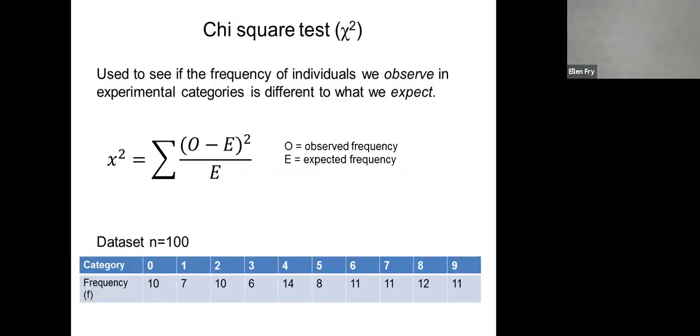The first test I will talk about is the chi-squared test. This is a good way of analyzing frequencies of count data, such as how many black beetles we have found compared with white. We are essentially asking if the frequencies we observe are different to those we would expect by chance.